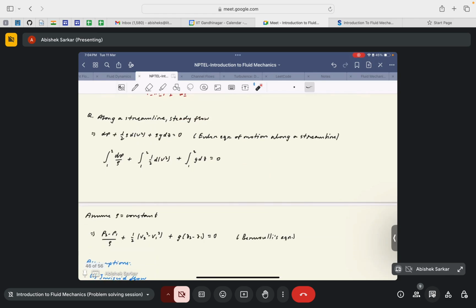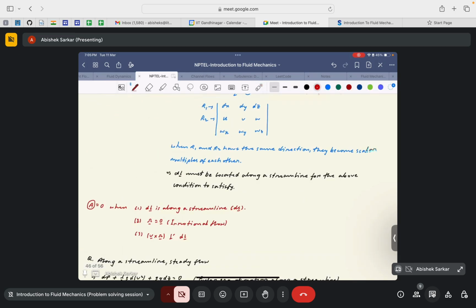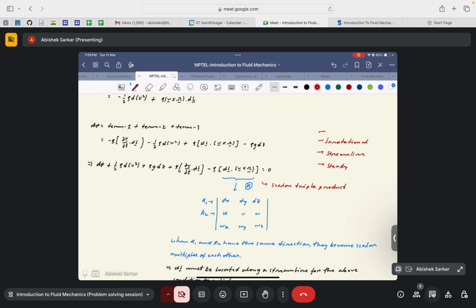Now if we assume rho to be constant, one more assumption, let us write it here: rho is equal to constant. Again, rho equal to constant does not mean the flow is incompressible in general, but it is a very specific case of incompressible flow.